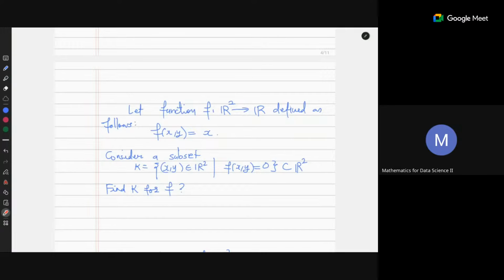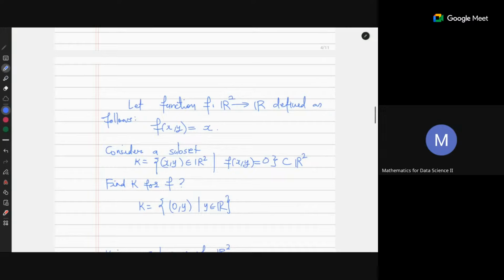Can anyone tell me what this subset is in this case? Sir, (0, y), where y could be anything belonging to R. Yes, good. (0, y), where y is anything in R. That is correct. Does everyone agree with this? So you need to find K, the set of all points in R2 whose image is the 0 vector.